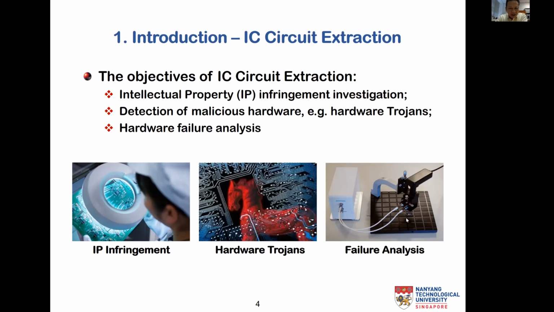For example, if a hacker puts an additional circuit onto our systems, normally we call it a hardware Trojan. So we uncover it. Third is to do hardware failure analysis through this circuit extraction.